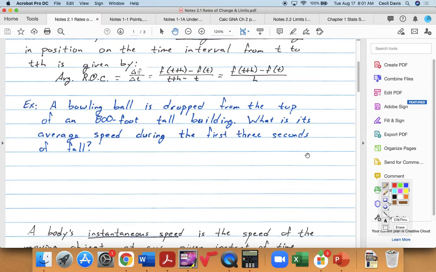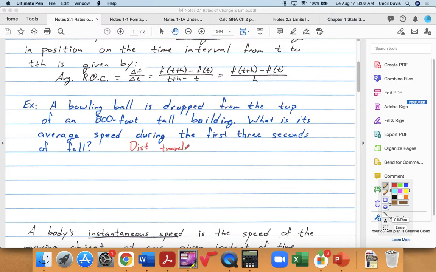Okay. Well, you need to know the position function for this. So the distance traveled in t seconds is 16 t squared feet.